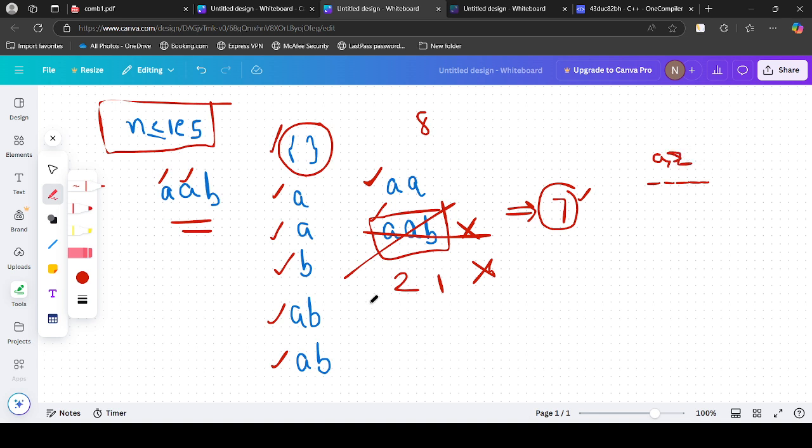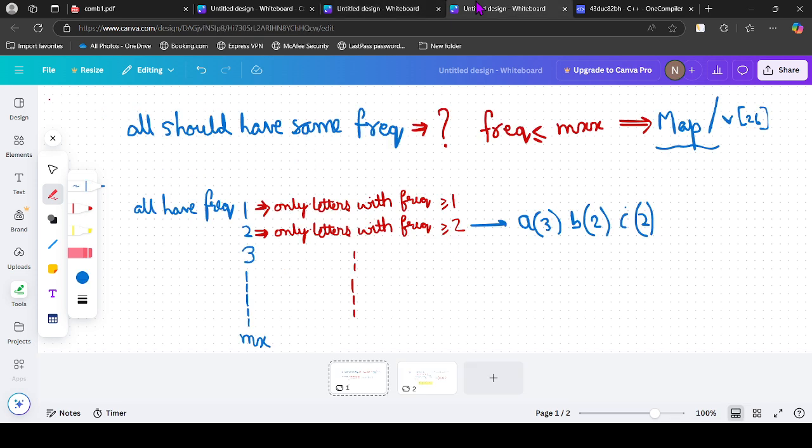So let's discuss this. The main idea is that all characters in the selected subsequence should have the same frequency, right? So what is the limit of this? All characters can have up to the maximum frequency of any letter in the given string. So this frequency can go up to a maximum of mx.